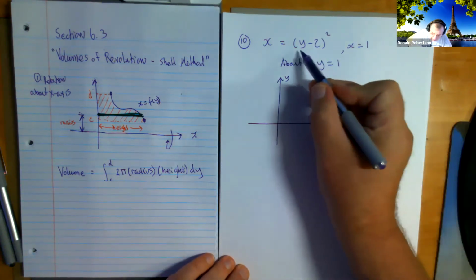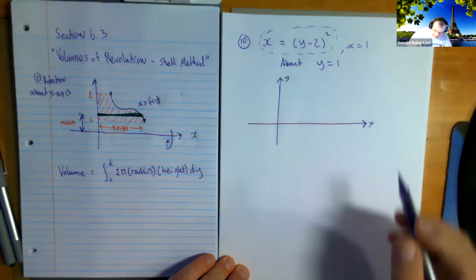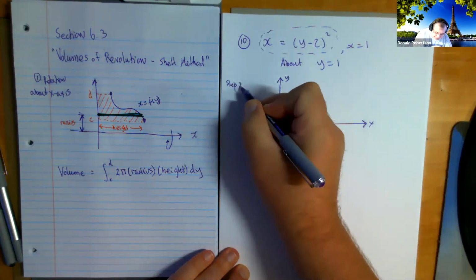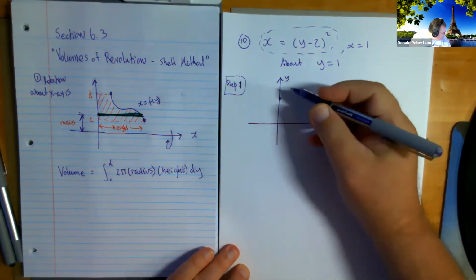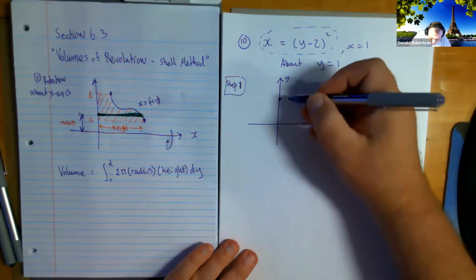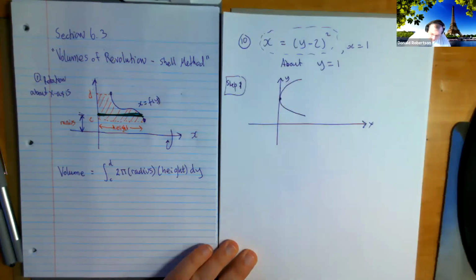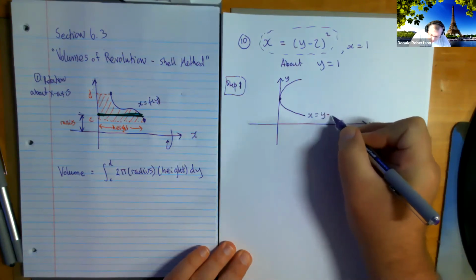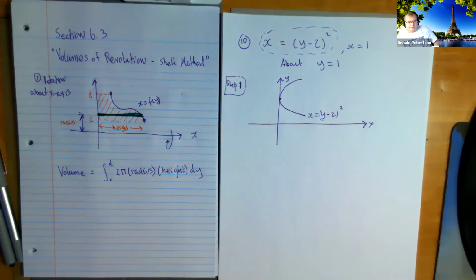Okay, so I'm going to put this guy into GeoBrush so I can draw it. And it's going to look like this. Actually, I got a little sketch. Okay, so this is what x equals y take away 2 squared looks like.